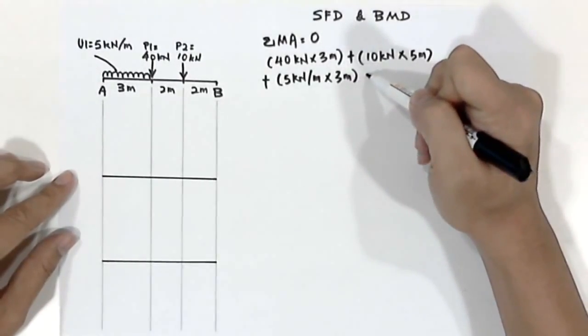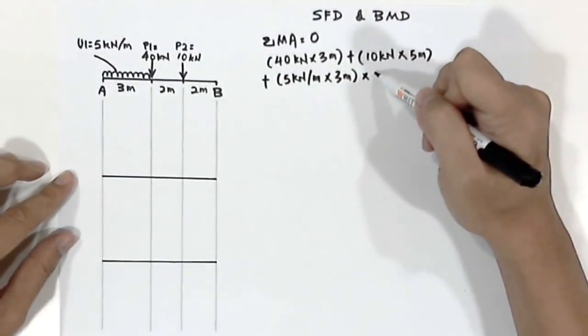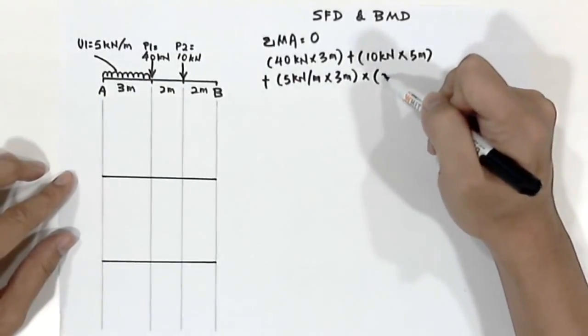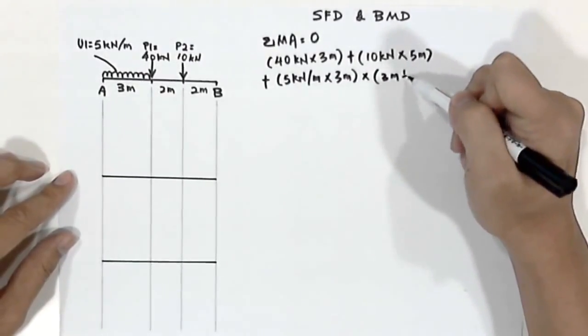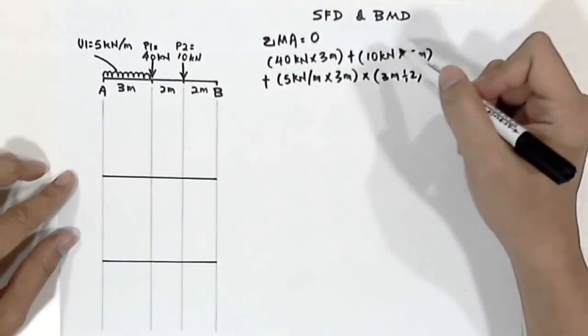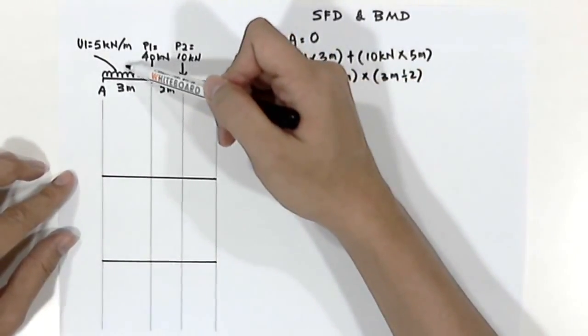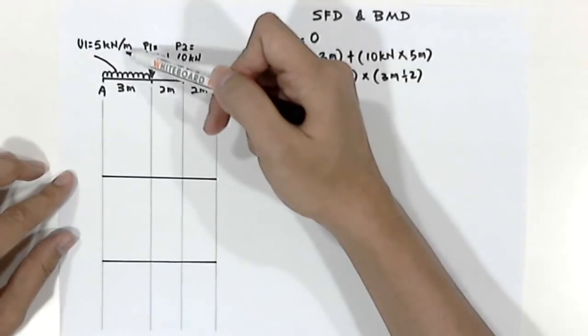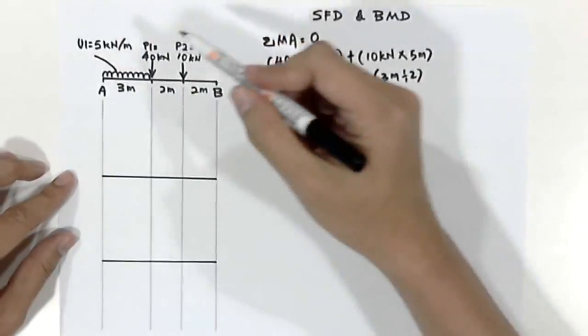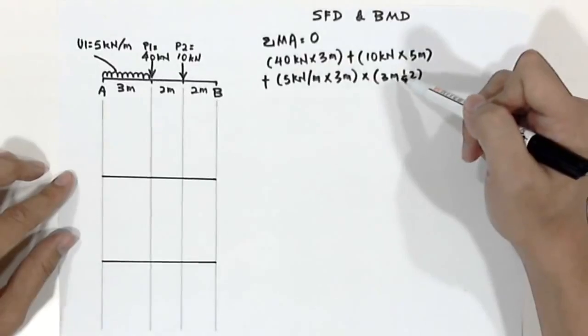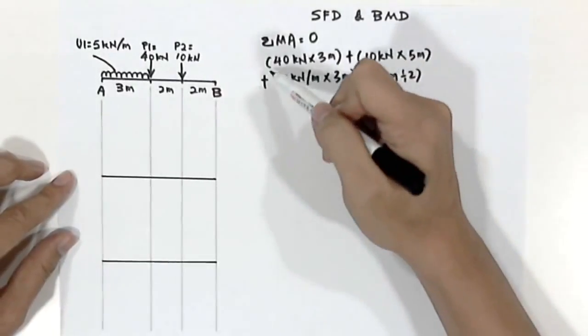Then times the new distance, which is 3 meter divided by 2. As you can see, the newly converted load will be acting at the middle of the span. That's why you have to times 3 meter divided by 2.